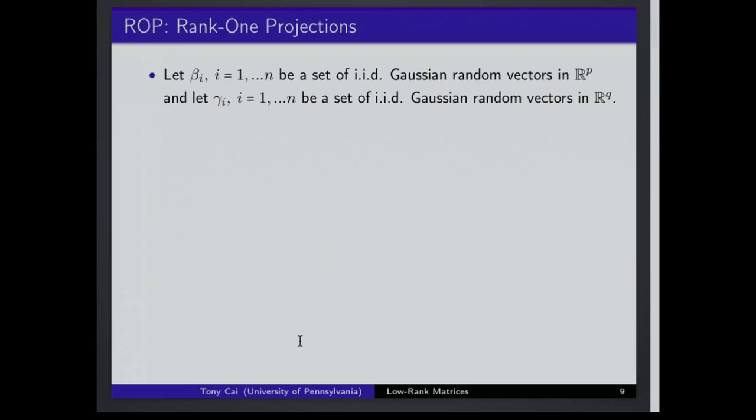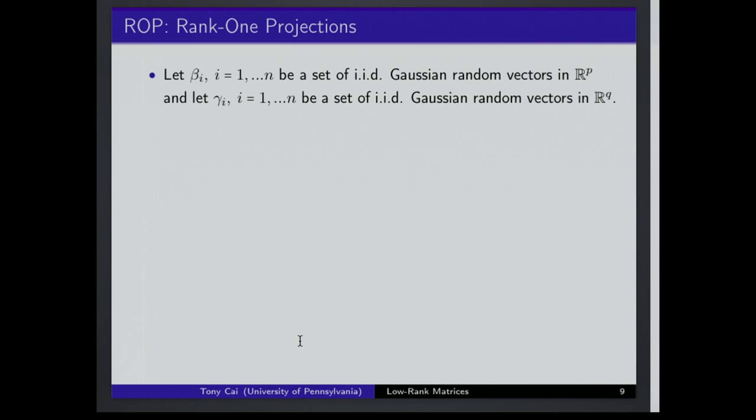So what we propose is slightly different from the Gaussian matrix. We propose to generate Gaussian vectors instead of matrices. Let beta i be IID Gaussian random vectors of dimension p, and gamma i IID Gaussian vectors of dimension q.